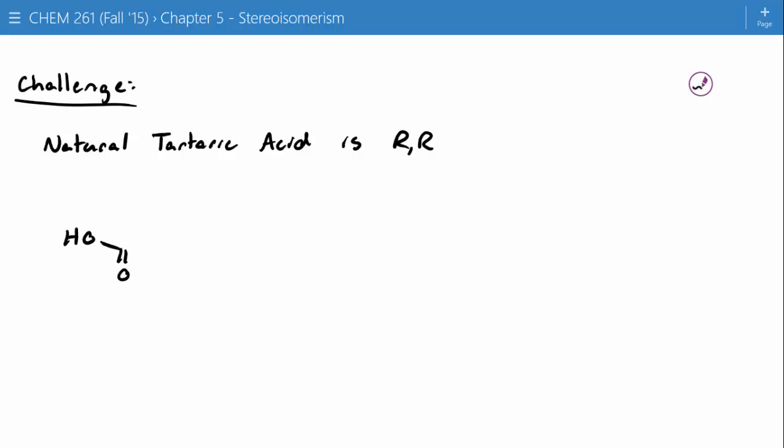Tartaric acid, without using dashes and wedges, what's that? Oh, I have notes. This is tartaric acid. Where are our 2 stereocenters? It's where the alcohols are coming off, right?